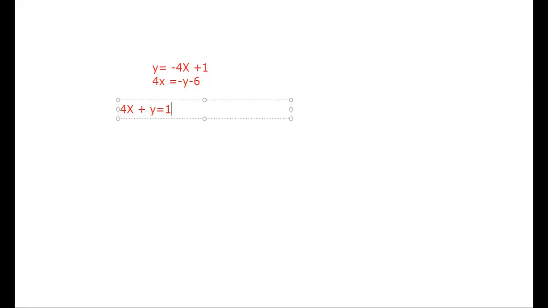And the second equation will be 4x plus y equals negative 6. It's not going to be negative 4x plus y, because already in the second equation you have 4x. So you keep 4x and transfer negative y to the opposite side. It will be positive y, and negative 6 stays the same on the right-hand side.